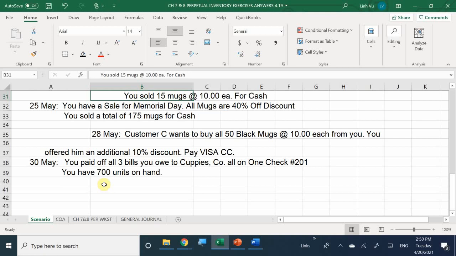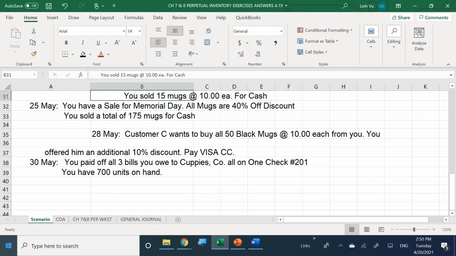Now, anybody could have gotten that 10% discount. So it's not like it's a return or allowance, right? We gave him this discount because he decided to purchase all of it in bulk. So in this case, we granted him an additional discount on top of that. This isn't a return. This isn't an allowance. This is a regular discount. And he also paid on a Visa credit card.